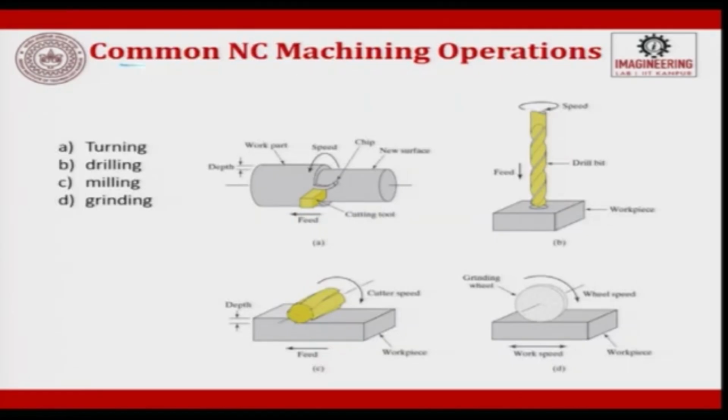Some of the common NC machining operations are turning. Here is a cylindrical workpiece, which is loaded onto a spindle. The spindle will be hydraulically and pneumatically driven, and just like your conventional machine, you will have a feed, which leads to feed rates with respect to time. Then you will be given a depth of cut.